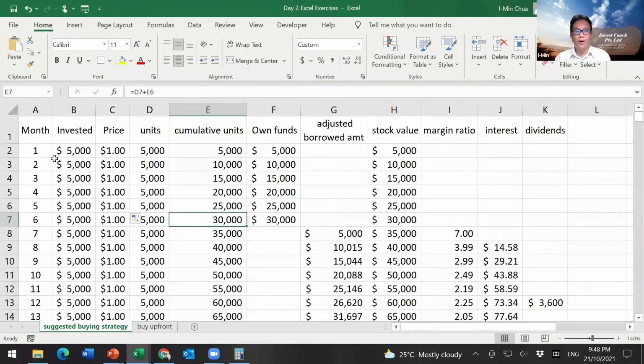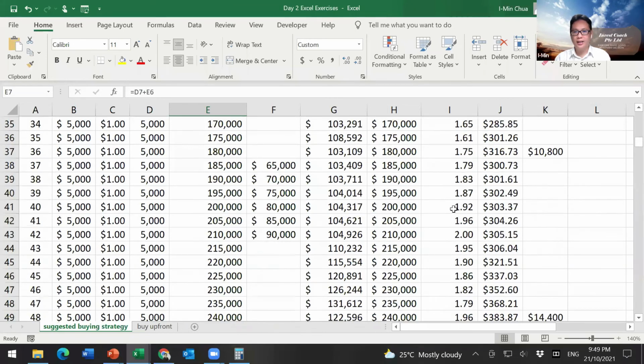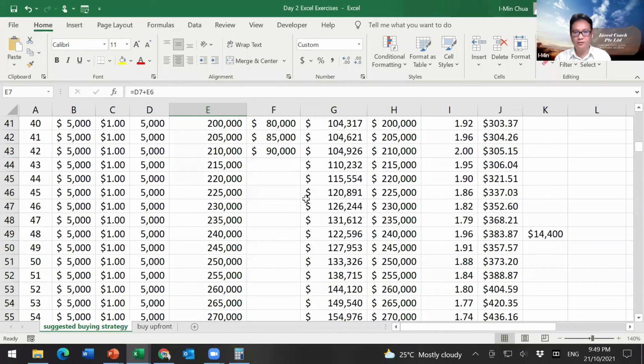What are all the numbers trying to say? Focusing on this margin ratio. If you can, after that, try to see what I am trying to do here. After you really apprehend this, then your margin ratio is a lot more controlled compared to this one.